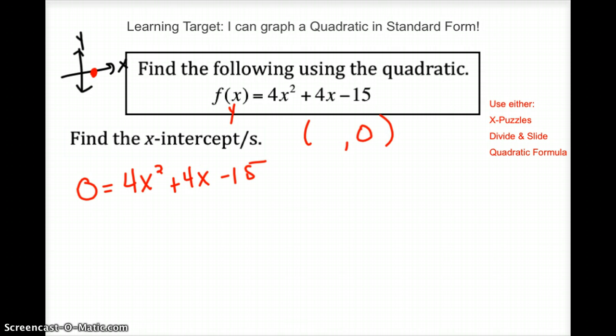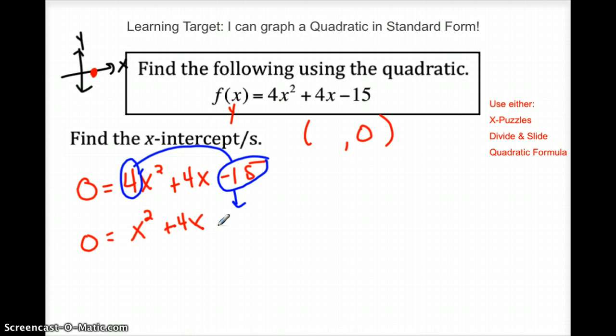Because of this 4, if we were to factor, it would be the divide and slide method. So let's try to factor and see if it works. So divide and slide, we take the first times the last. And we get 0 equals, remember we dropped the 4, and we change this to whatever the product is, and we get negative 60 when I multiply.